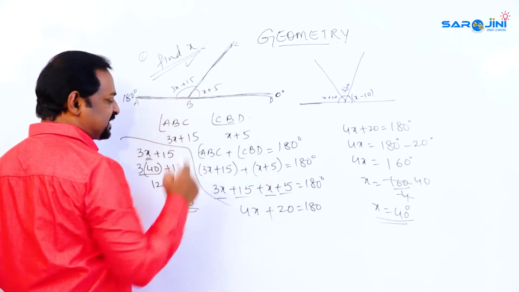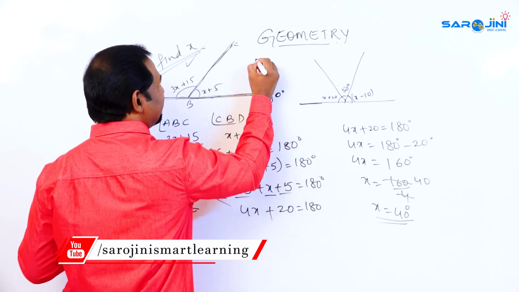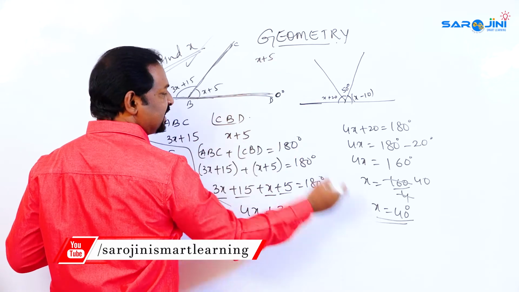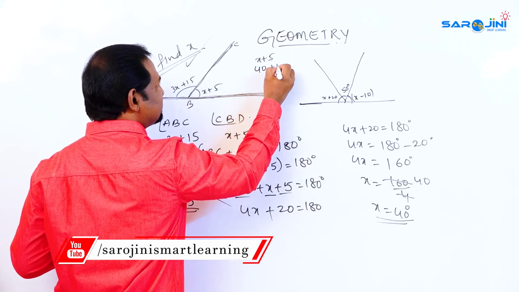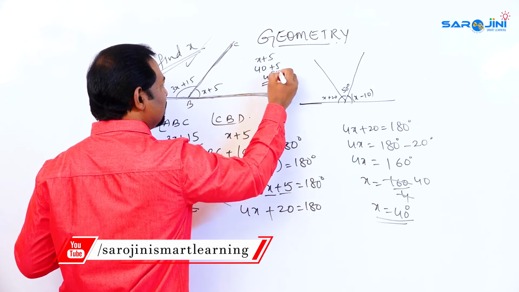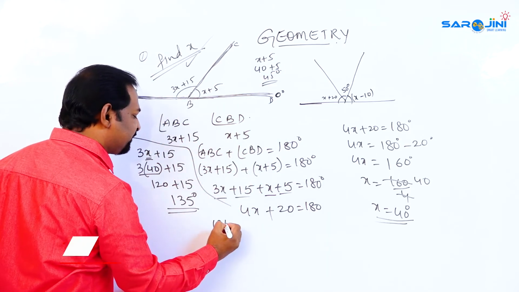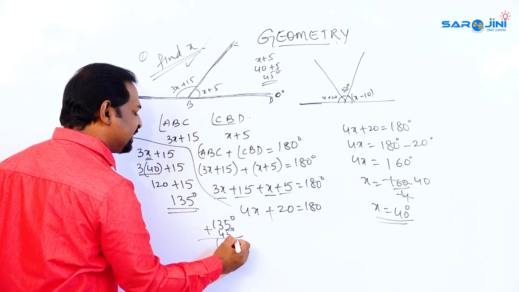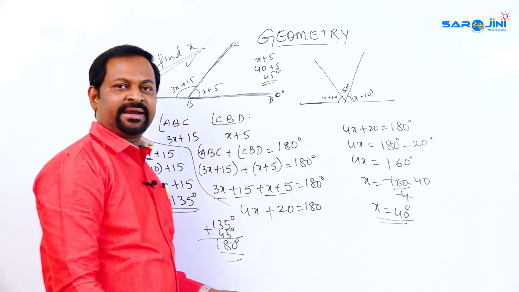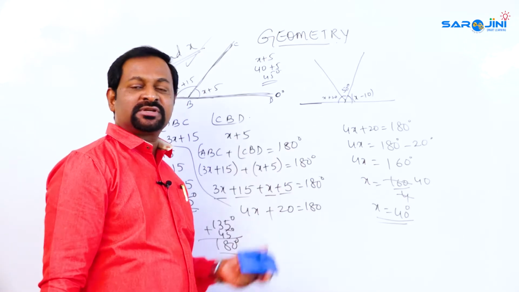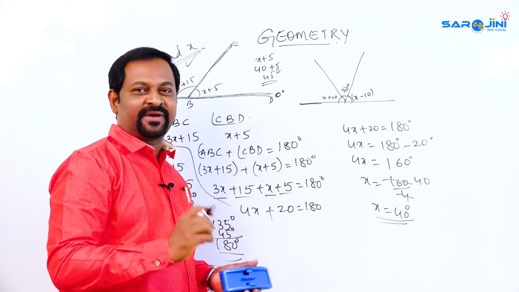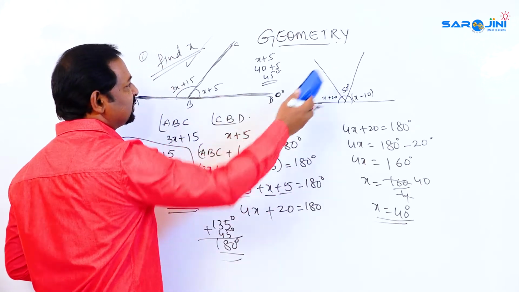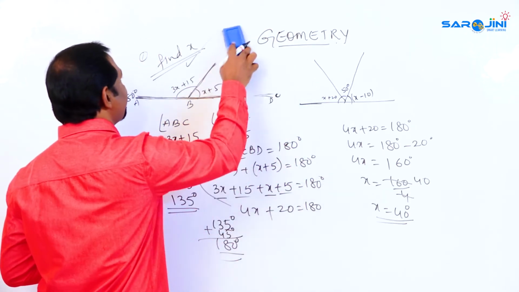The other one is x plus 5. x is 40, 40 plus 5 is 45. Now check: 135 degrees plus 45 degrees is equal to 180 degrees. That is the right answer, because it is supplementary. In this way we can find it. Okay, we'll check the second part also.